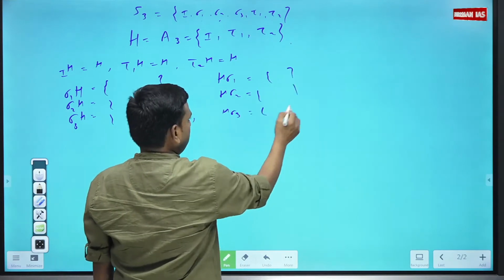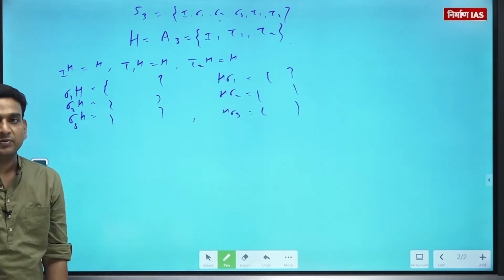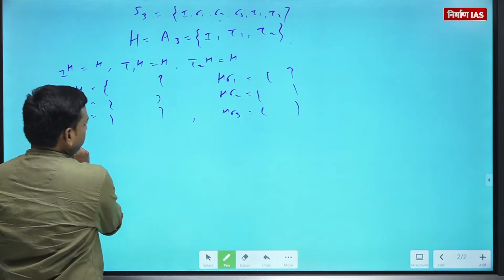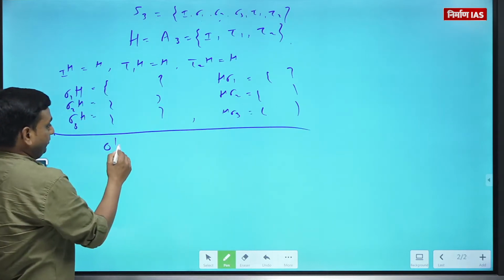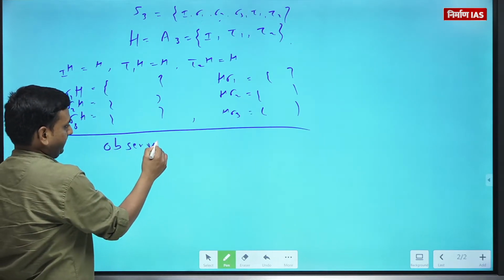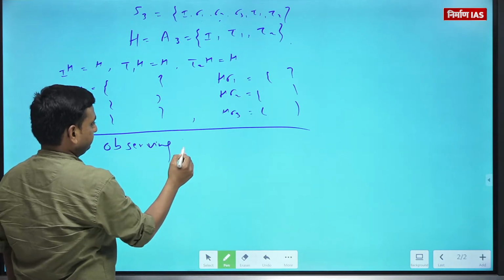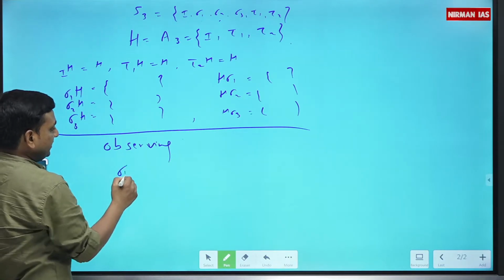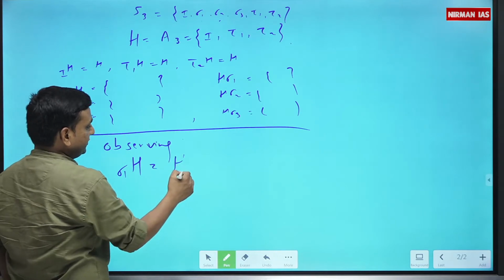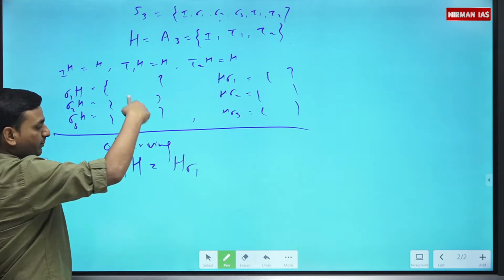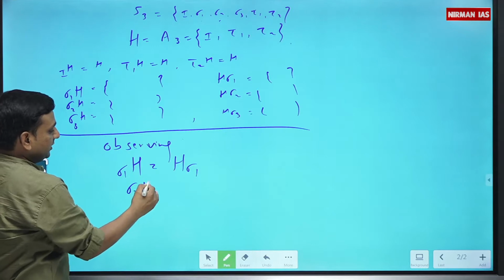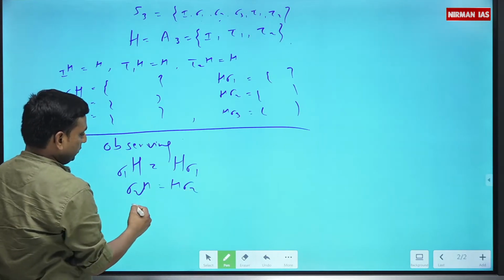Now it's your turn to fill these gaps. What you will be observing is sigma 1 H is the same as H sigma 1. You can calculate it and see. Sigma 2 H is H sigma 2.